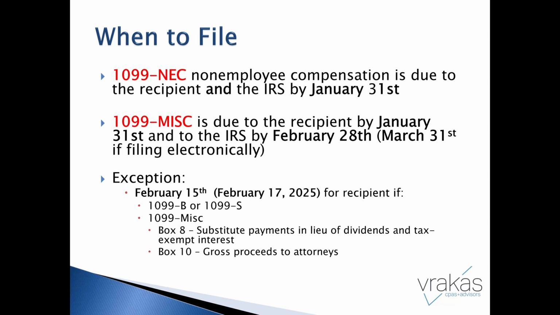Your miscellaneouses aren't due to the IRS until February 28th. But I say get them all done at the same time, then you don't have to worry about them, because otherwise you might miss the deadline. This is the reason that the IRS changed and now has two forms, because they wanted two different deadlines.